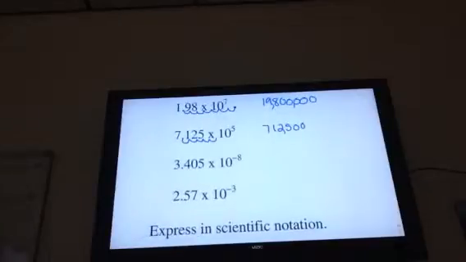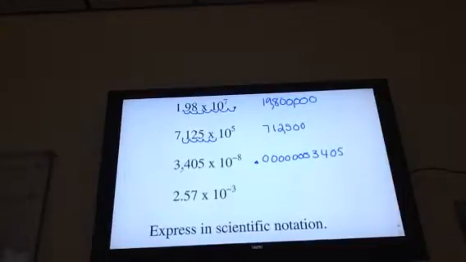So without really having to write all this, I'm going to go 1, and then I'm going to have to go 7 more. So I'm going to fill in 7 zeros. I'll go ahead and write that for you. You can see it, but I wouldn't necessarily do this.